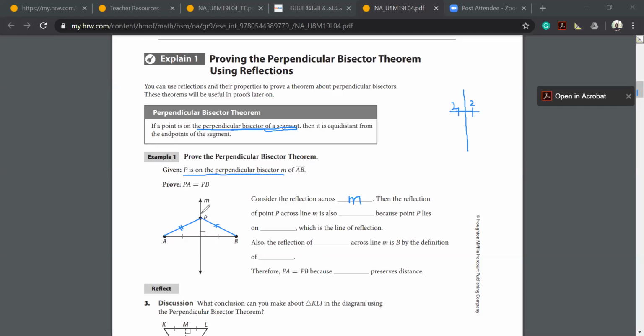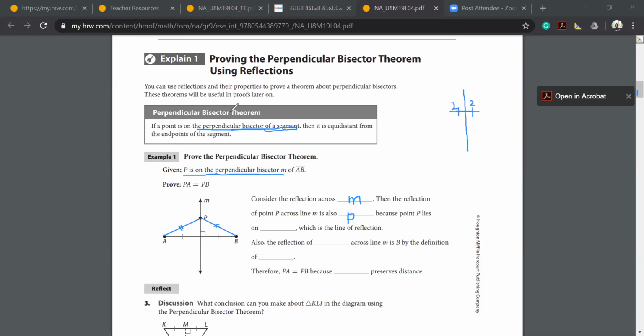But if you are like point P in here, the reflection of point P across M will be what? Here, there? No, it will be the same point. So the reflection of point P across line M is also P. Why? Because point P lies on the line.